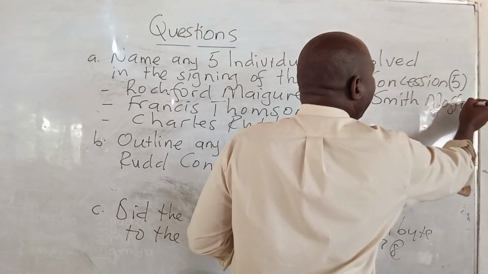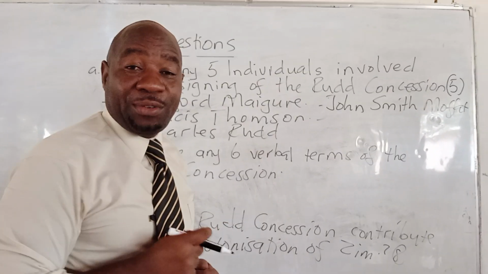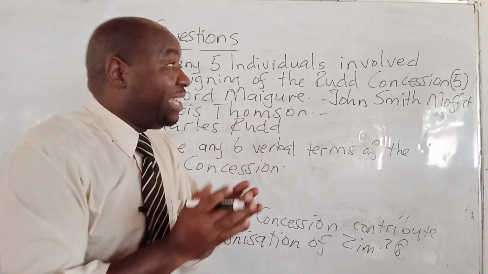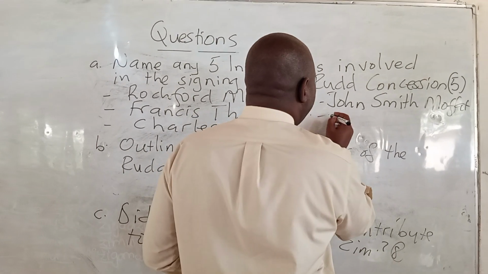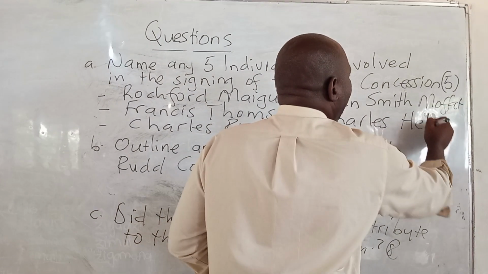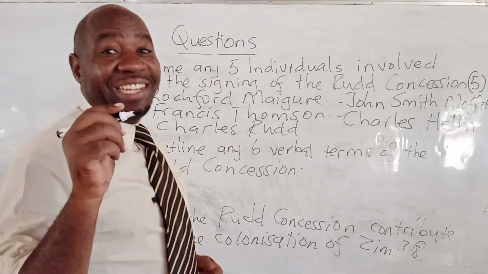We see that he had to assist Rhodes to sign the Rudd Concession. He had to deceive Lobengula so that Rhodes was going to sign the Rudd Concession. We also have Reverend Charles Helm. He was also responsible for the signing of the Rudd Concession.